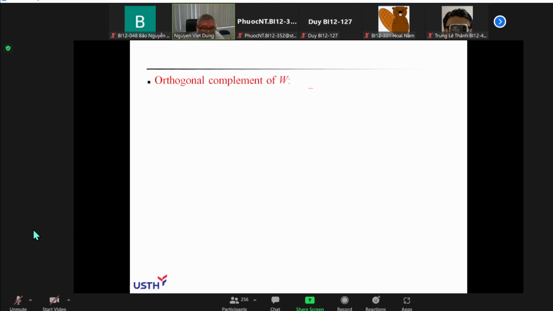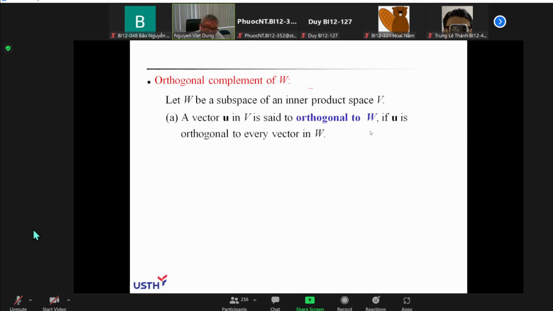Next, I define what we call the orthogonal complement of W. Suppose that W is any subspace of an inner product space V. Now, a vector u in V will be said to be orthogonal to W if u is orthogonal to any vector inside W. That is the first one.